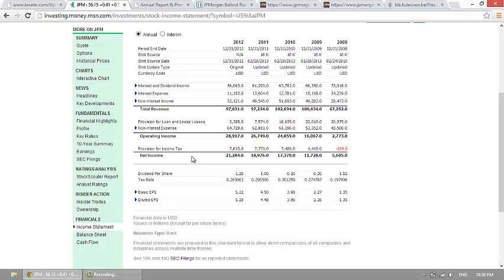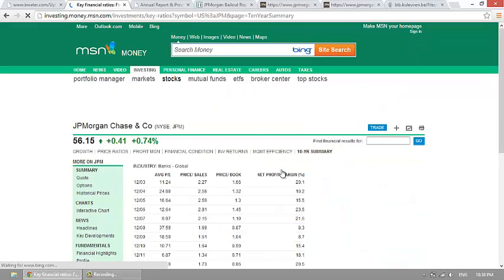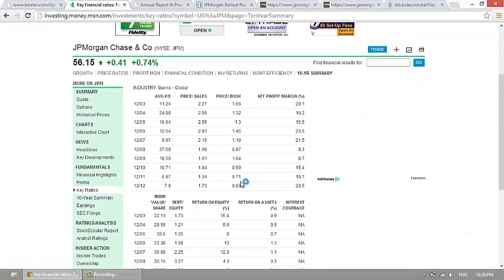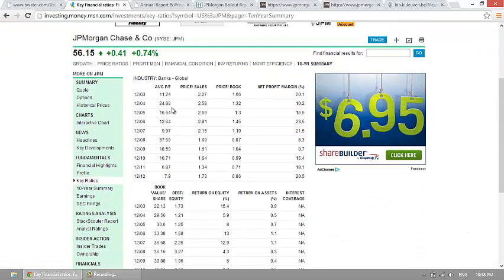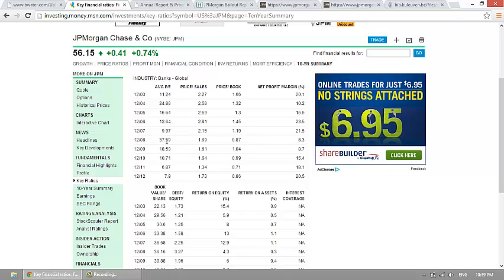for these earnings. Now, if you check out key ratios here and go to 10-year summary, notice something interesting. The average price to earnings ratio. You can see in 2008 it was 37.59, which is way overvalued.